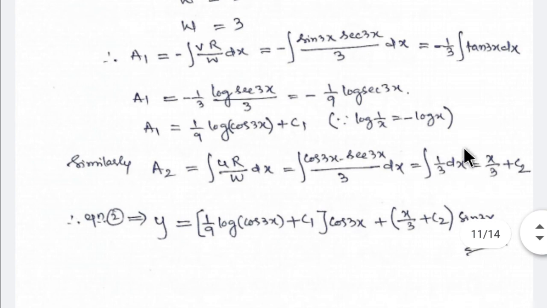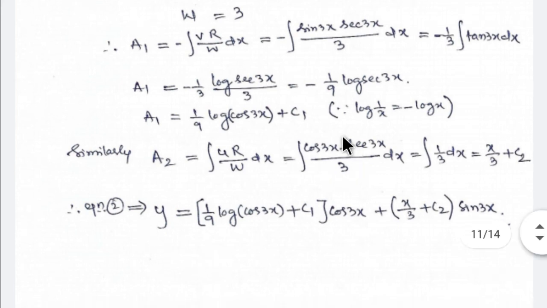The integration of this is x by 3 plus one more arbitrary constant c2. With all these, equation 2 takes the form: y equals 1 by 9 log cos 3x plus c1 times cos 3x plus x by 3 plus c2 times sin 3x.